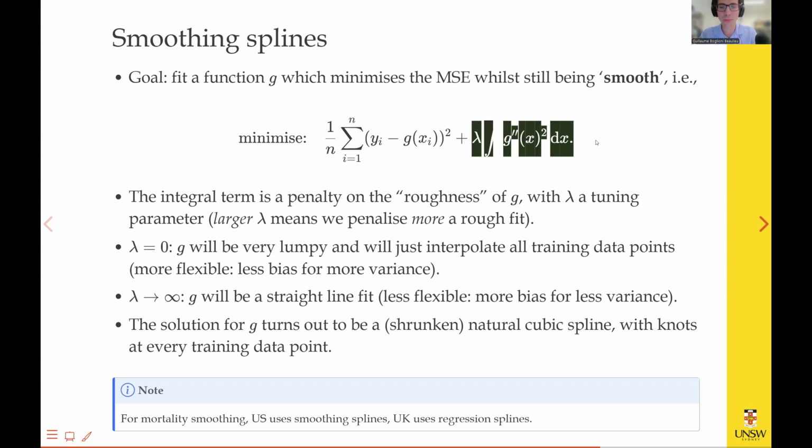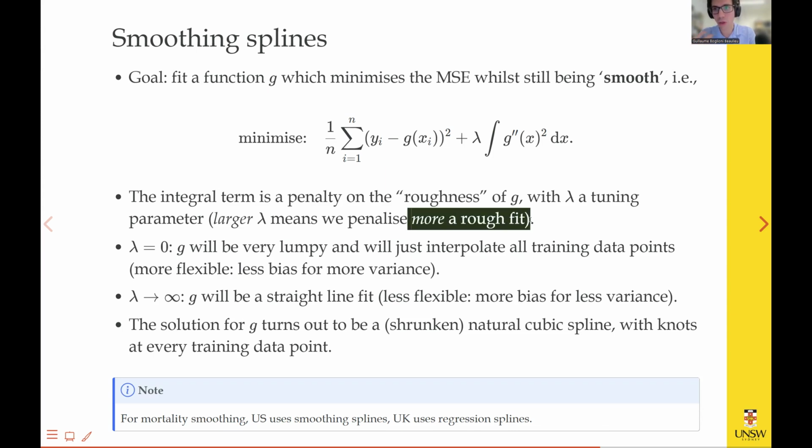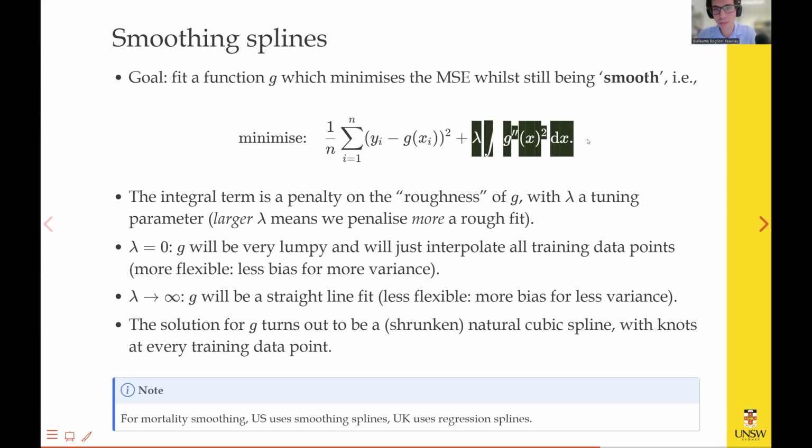So you're going to force the function to be reasonably smooth to minimize the whole thing. And here lambda is a parameter, so you can pick it to be bigger or smaller. The bigger the lambda, it means we penalize more having a rough fit. So if you really want your fit to be smooth, you can pick a bigger lambda because then the penalty for roughness will be large.